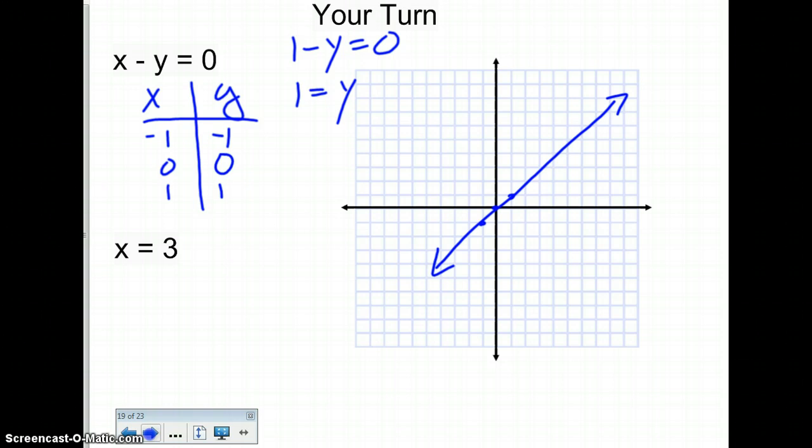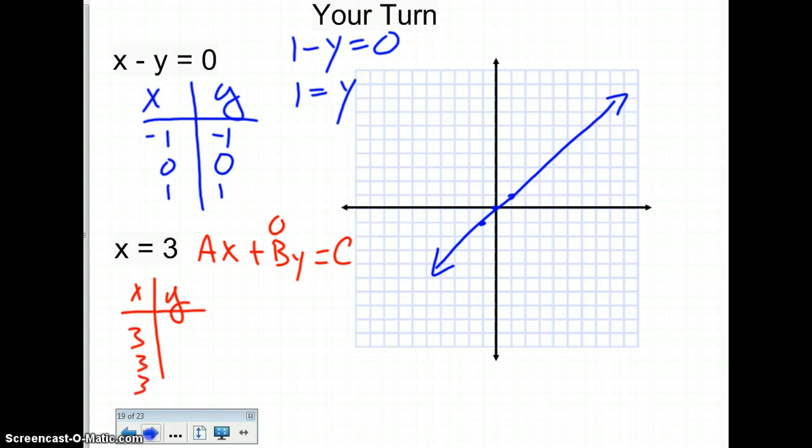When x equals 3, again, if I were to put this into standard form, ax plus by equals c, I don't see a y value, so that tells us b is 0. Whatever I put in for y in this case, I can't put anything other than 3 for x's.